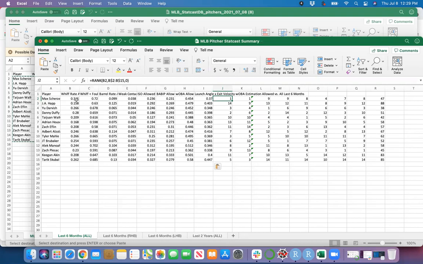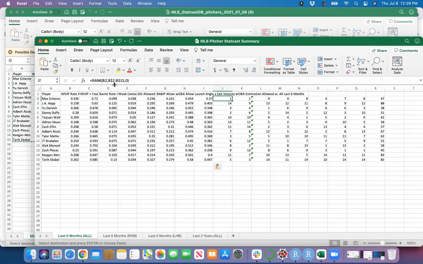So you can see here under cell J2, I'm using the rank feature in Excel. So equals rank, and then B2, which is Scherzer's whiff rate allowed. And as a circular reference, I'm doing B2 to B15. I'm putting the dollar sign next to the 2 and the 15 so that when I copy and drag, those stay static.